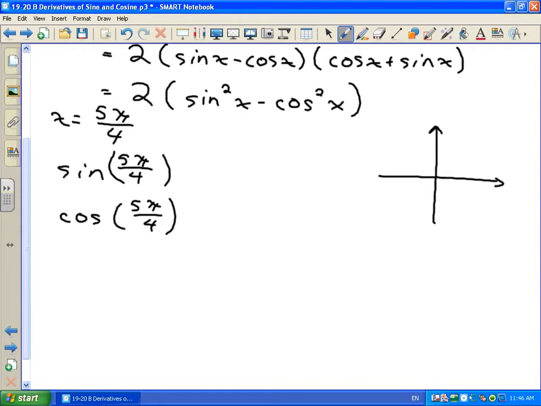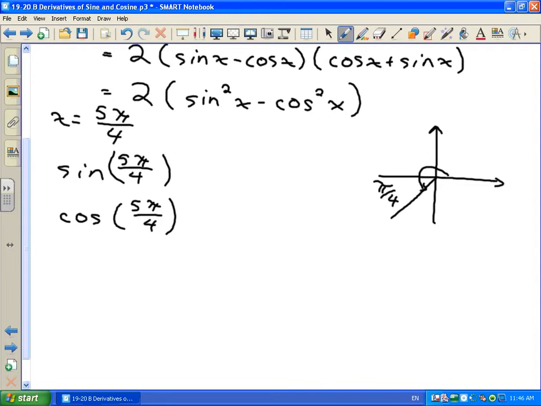It's got to be in the 3rd quadrant, because 4 pi over 4 would be just pi, which is 180 degrees. So it's down in this quadrant here. And our reference angle in there is pi over 4.